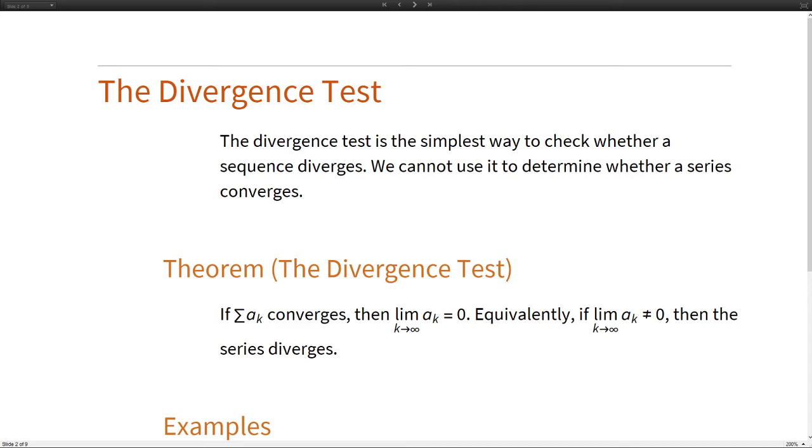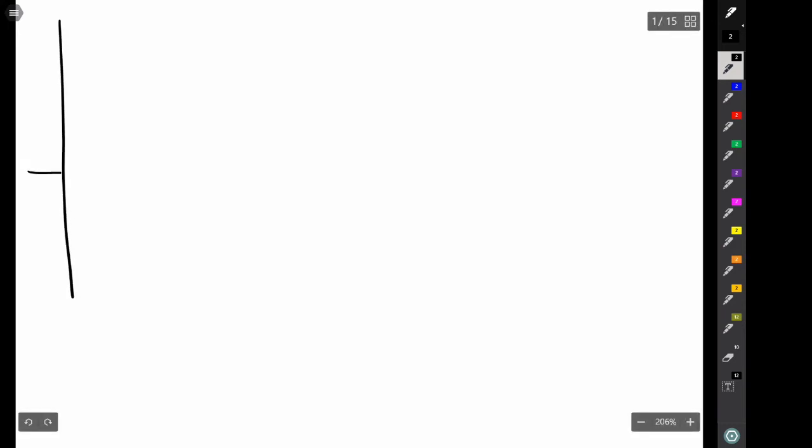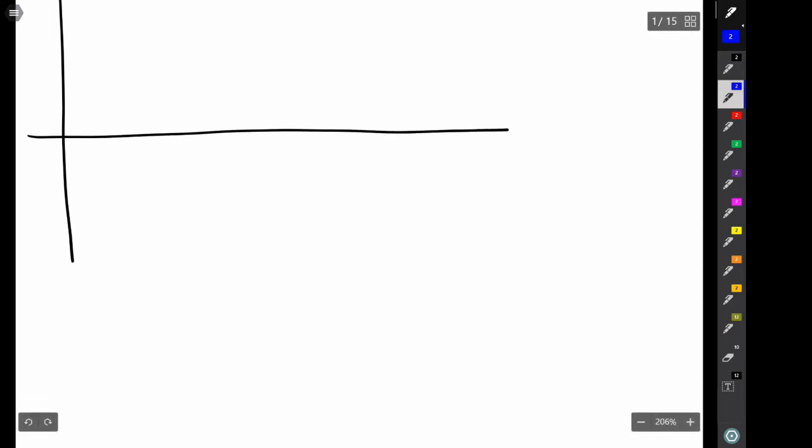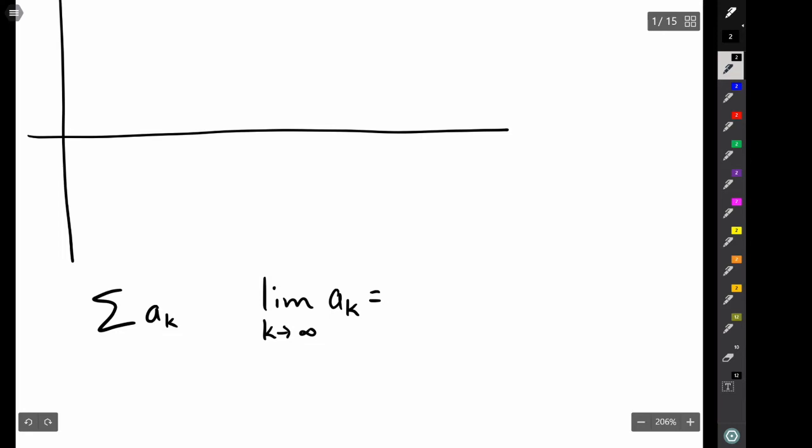So let me switch back over here. The reasoning behind this test is as follows. If we're not adding up smaller and smaller things every time, let's say, for the series of a_k's, we have that the limit as k goes to infinity of these things is L, whatever L happens to be.